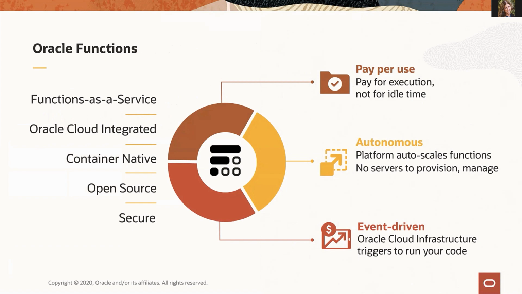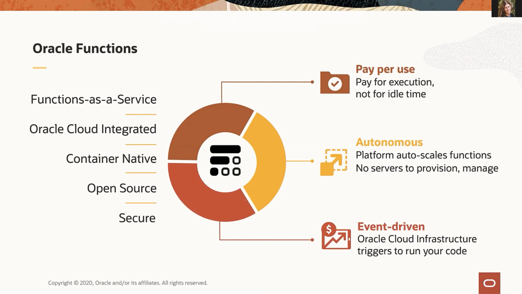Basically, with a function as a service platform, and it is true for OCI and all other clouds, you run your code, and you don't have to worry about the infrastructure on which your code runs. So it is serverless because you don't have to manage the infrastructure. It doesn't mean that it's not there. It's our responsibility as a cloud provider to operate the infrastructure and run your code.